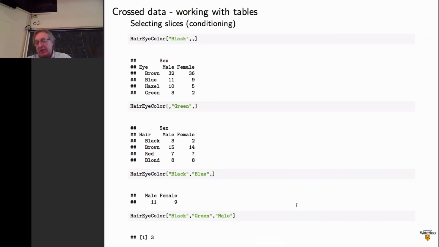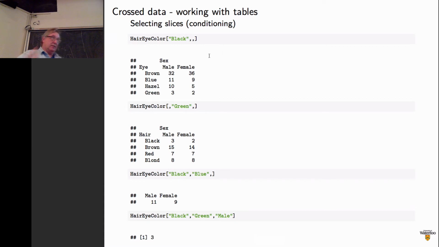We're going to look at subtables of that or alternative tables. So first thing you might do is take a slice of this table. So you think that this is a rectangular array, a three-dimensional array, and we're just going to take different slices. So here I'm looking at the first index, which is hair color, and I'm selecting those people that have black hair, and I'm not selecting anything else.